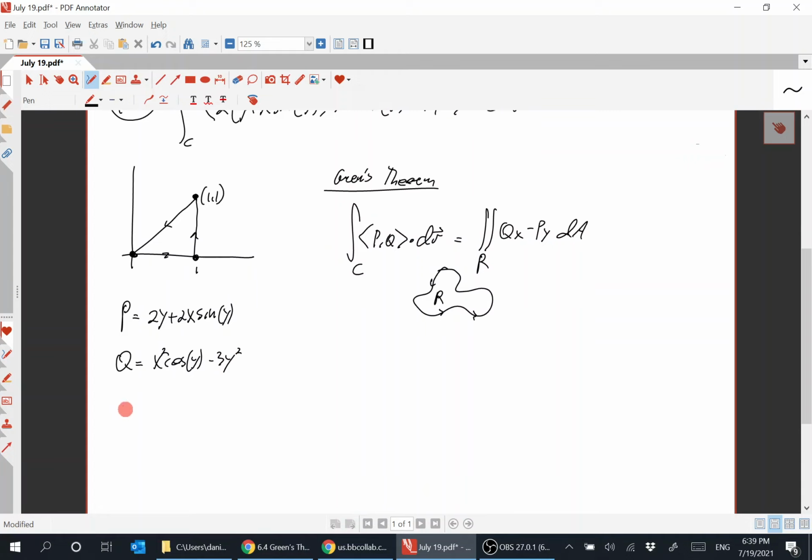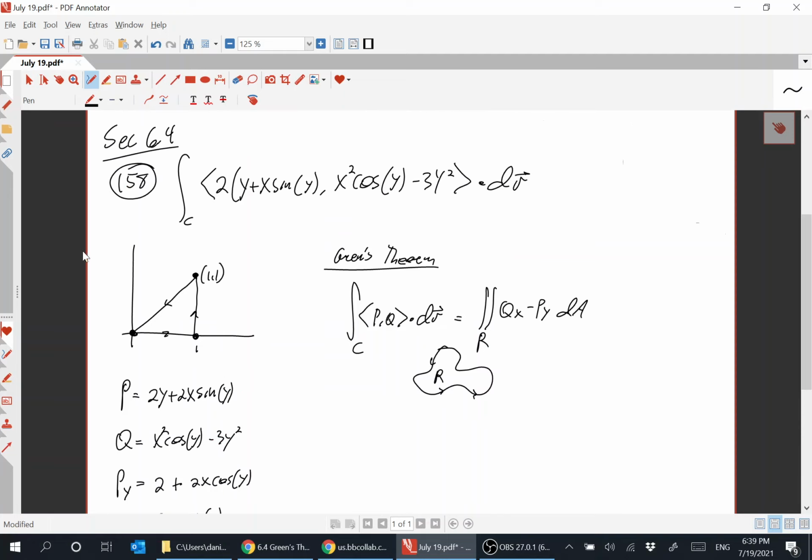So Py, the derivative of this with respect to y, is 2 plus, this 2x is a constant, so it's just 2x cosine y. And Qx, the derivative of Q with respect to x, is 2x cosine y. And then the derivative of the other term is 0 with respect to x.